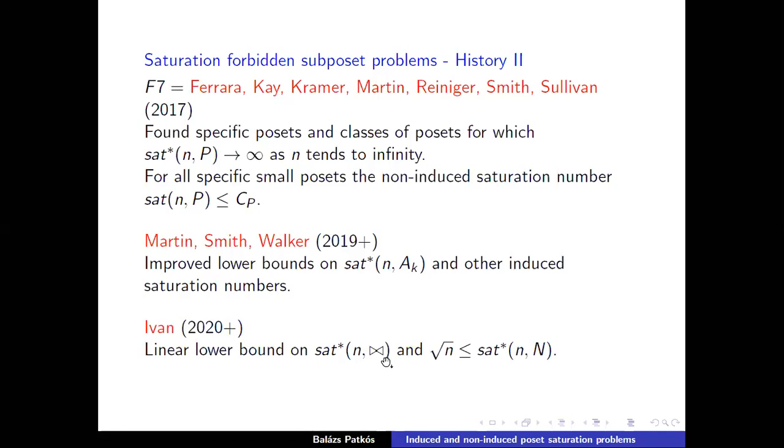One poset is the butterfly poset, I will talk about it later, and the other one is the ant poset. Okay, so as far as I'm concerned, these are all the known results on saturation forbidden subposet problems. But if you are aware of others, then please send them to me.